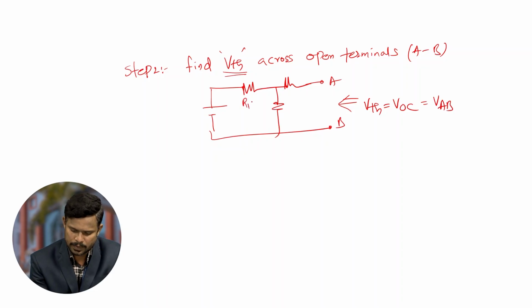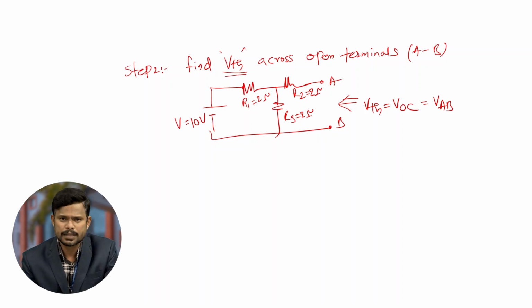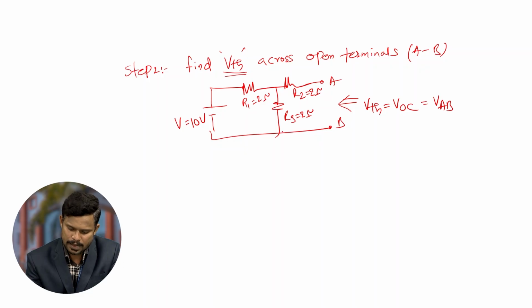This is R1, that is 2 ohms, R2 2 ohms, and R3 it is also 2 ohms, and V equal to 10 volts. The voltage across the open terminals A and B means the voltage across the R3. Why? Because it is an open circuit, no current will flow through R2.